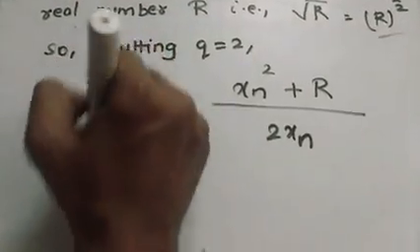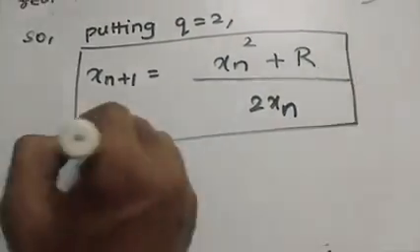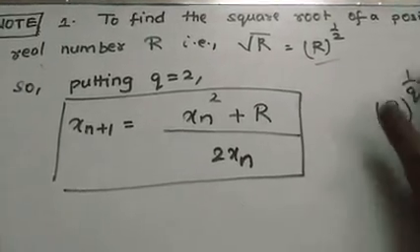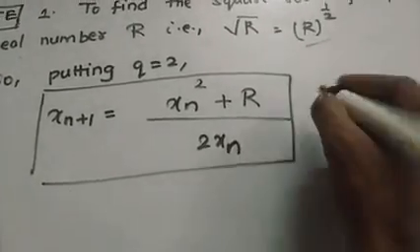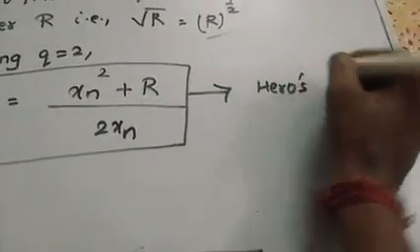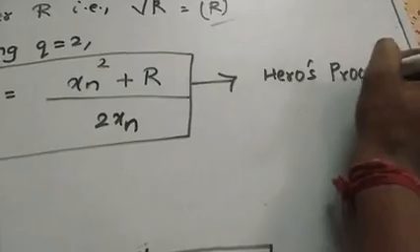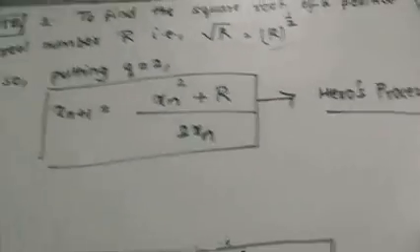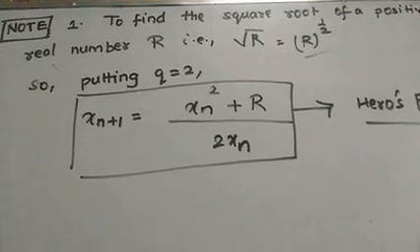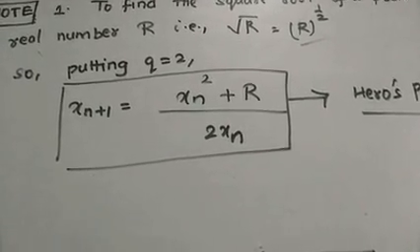So this is the formula for finding the square root of a positive real number r, and this iterative formula is called the Hero's process. Many times a question may come in this form also, that use the Hero's process to find the square root of a positive real number. Some number will be there.